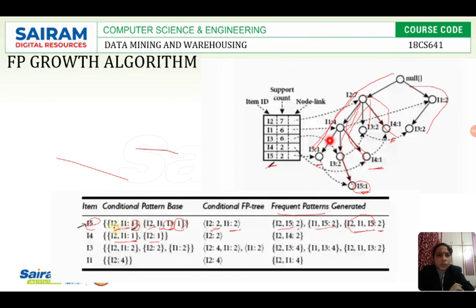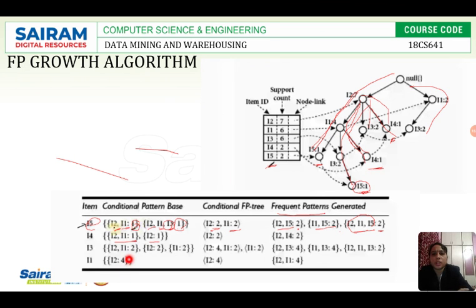Where is I1? I1 is here, and I1 is occurring with the I2. How many times I1 is occurring along with the I2 is 4 times. See here, we have written 4 times. I1 is occurring along with the item 2 for the 4 times.